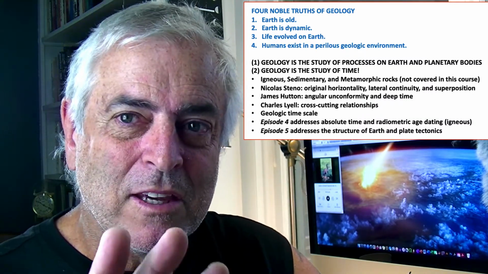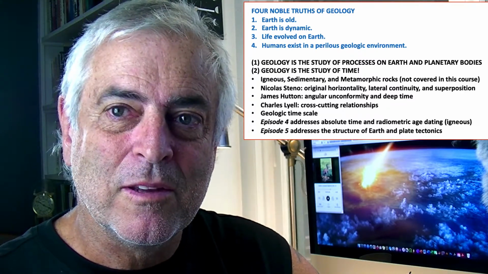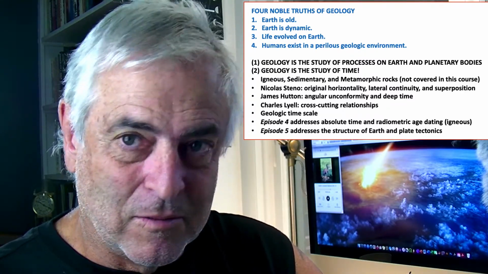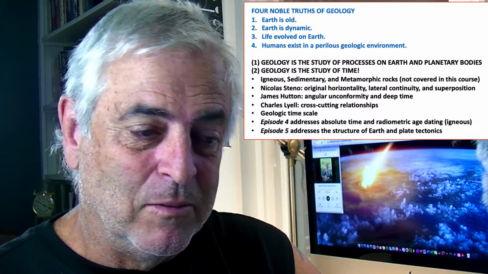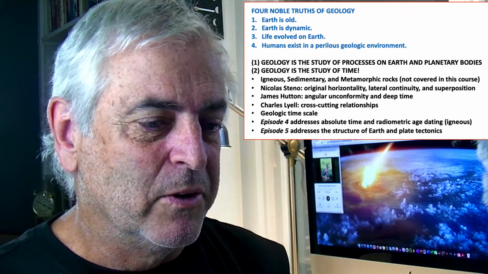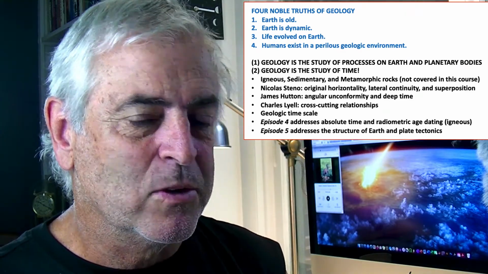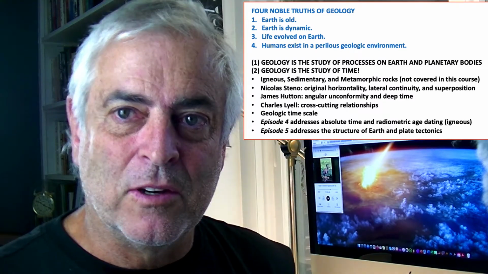These are what I think are the 4 noble truths of geology. The Earth is very old, and we'll talk about deep time, right? Number 2, Earth is dynamic. We have a very active Earth with subduction and new material being added at spreading centers and so forth. Plate tectonics is that activity. Number 3, life evolved on Earth.